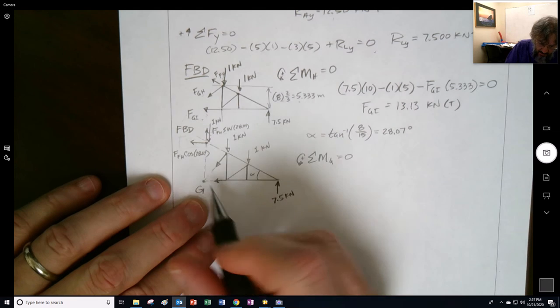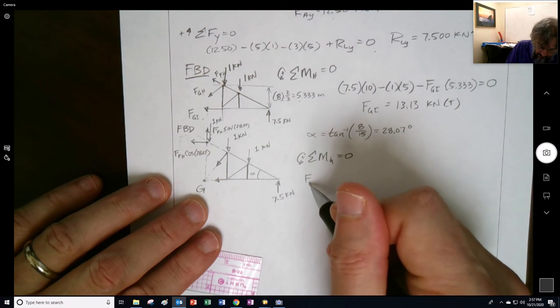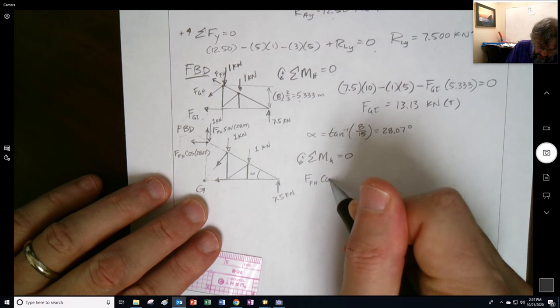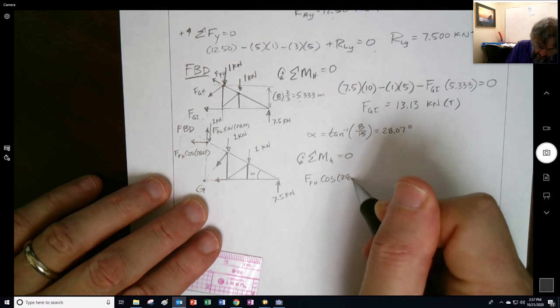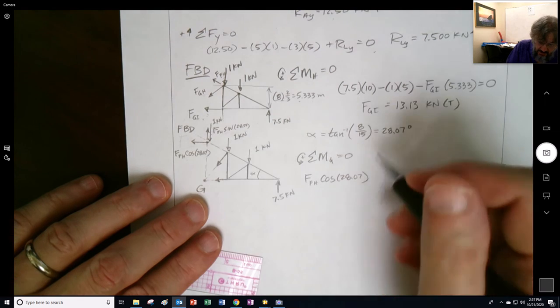So I'm going to say that this guy is going counterclockwise, so FH times the cosine of 28.07, and its perpendicular distance is 8.